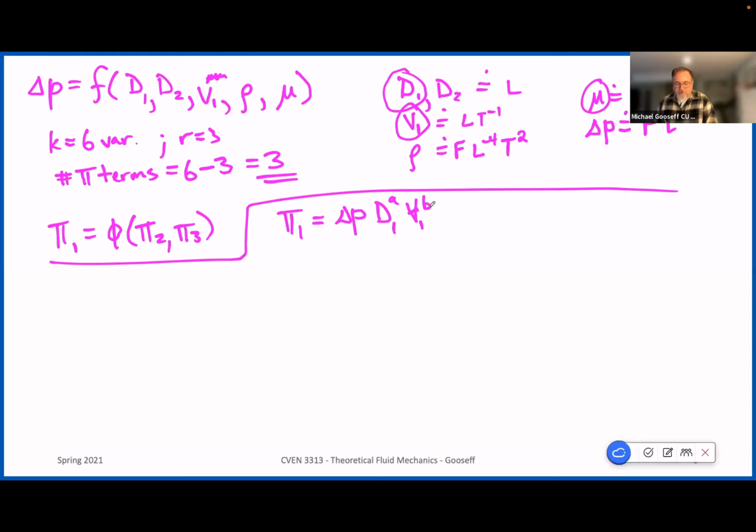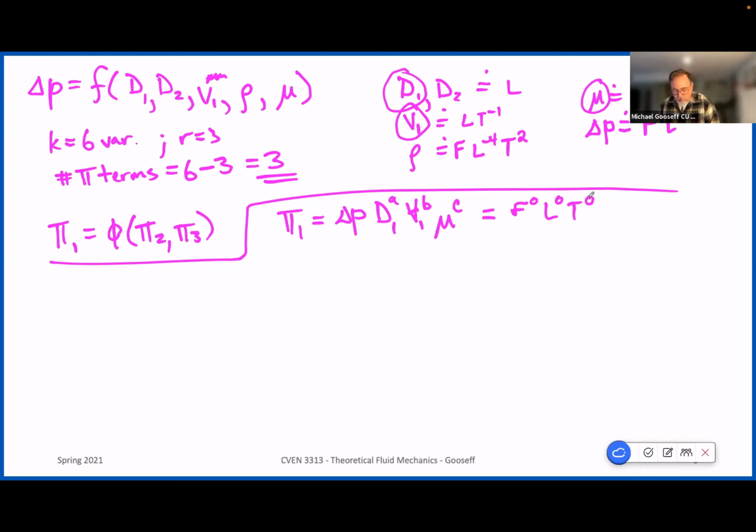Sorry, that's not supposed to be a cross. It's not a volume, it is velocity here. V1 to the B power and mu to the C power, right? And of course, we need to figure out what A, B, and C are so that F to the 0, L to the 0, T to the 0 is realized, right?